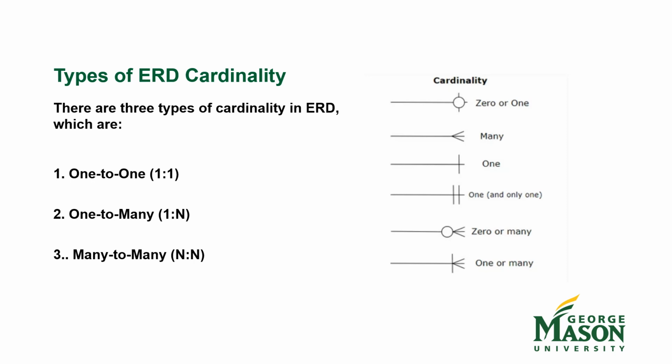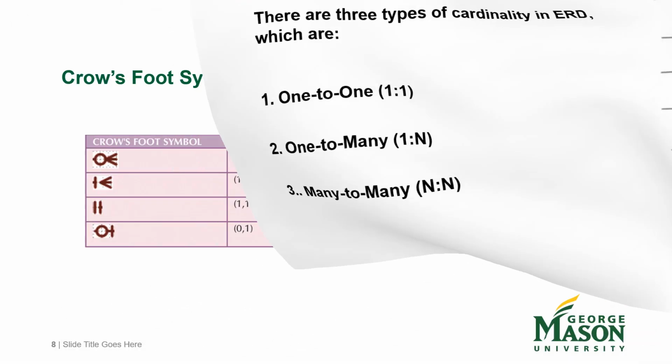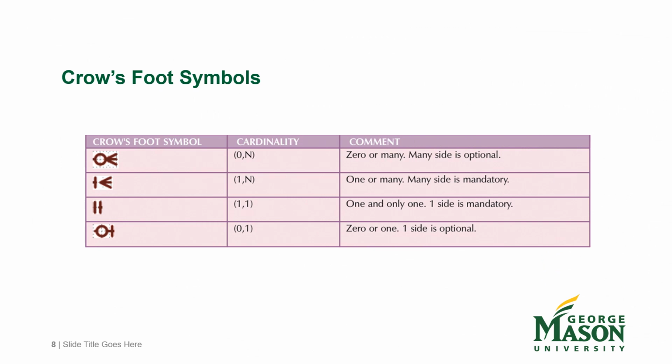For example, in a university database, one student can take many courses and each course can be taken by many students. Crow's foot symbols are also used in the entity relationship diagram to describe cardinality.